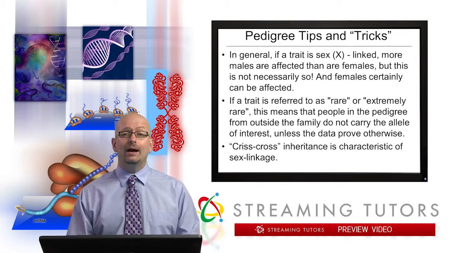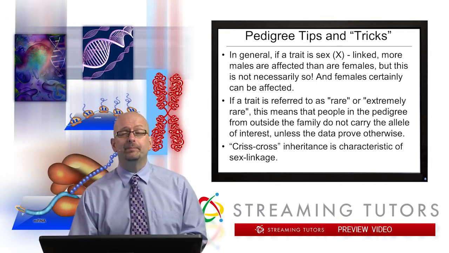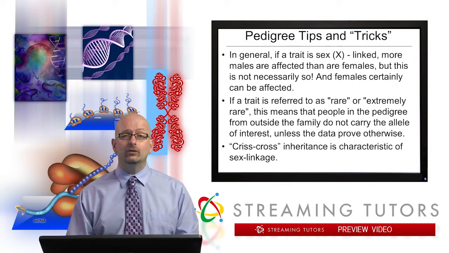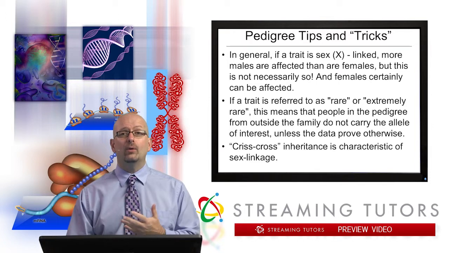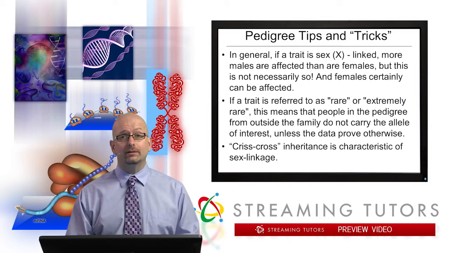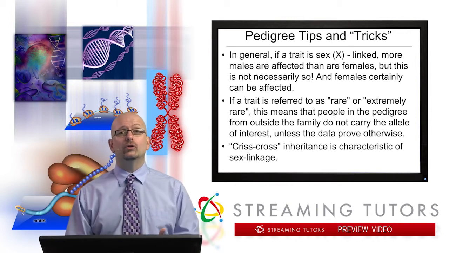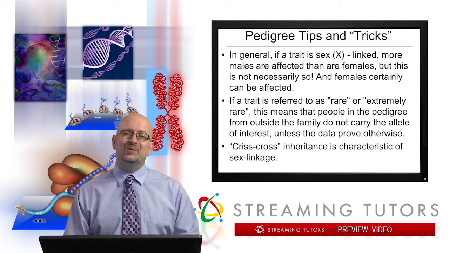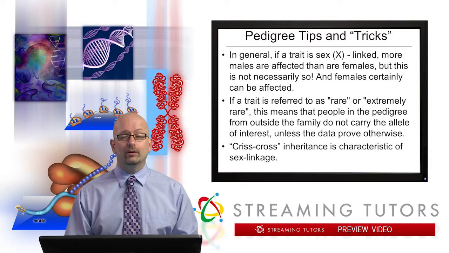What we want to do now is integrate the idea of sex linkage by finding out, once we know something's recessive or dominant, can we further tell whether it's sex linked, that is, in most cases the gene is located on the X chromosome, or is it autosomal, in which it's not located on the X, it's located somewhere else.